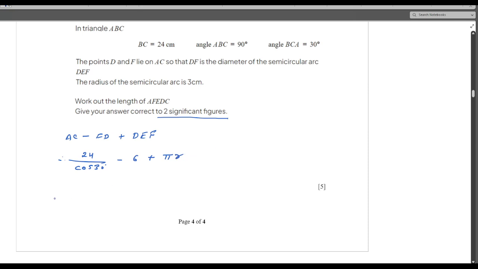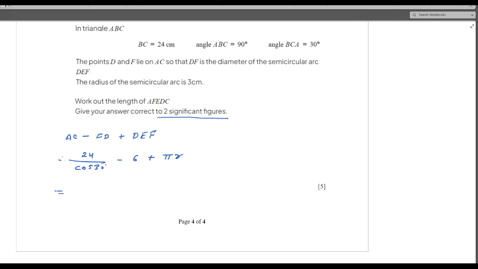So your total length will be 24 divided by cos of 30 degree, minus 6 plus pi times your radius, which is 3.